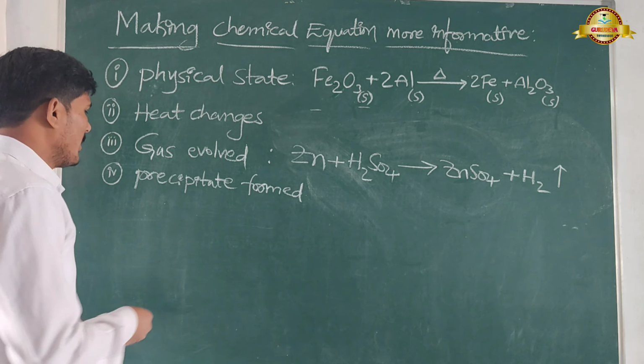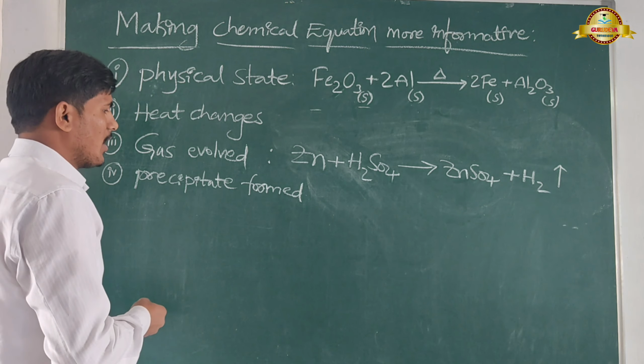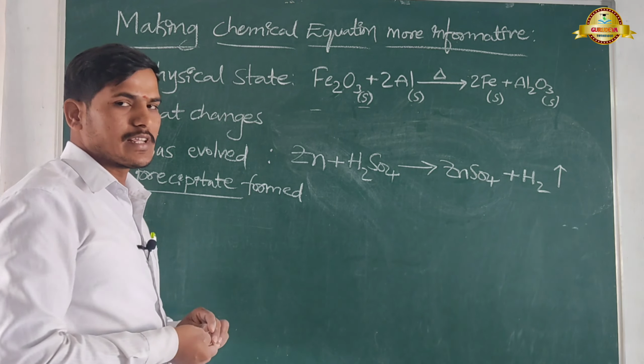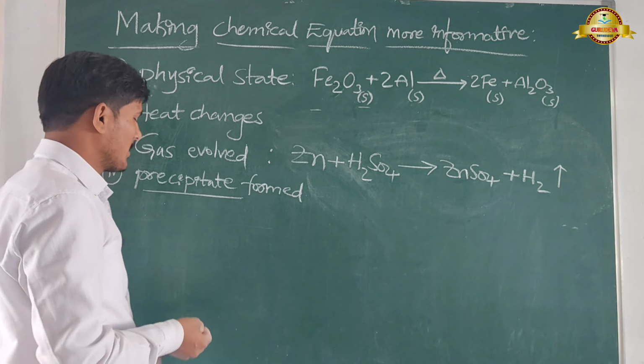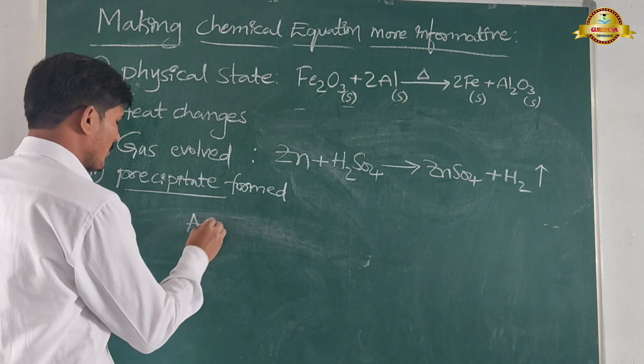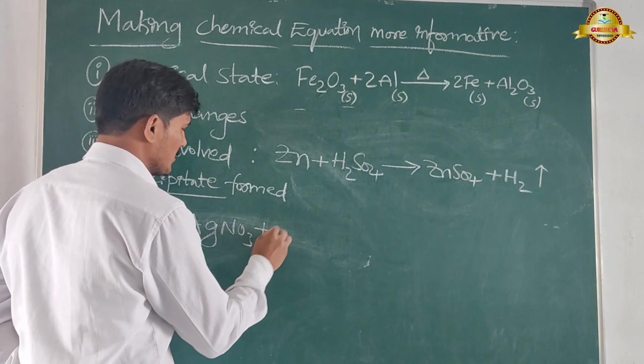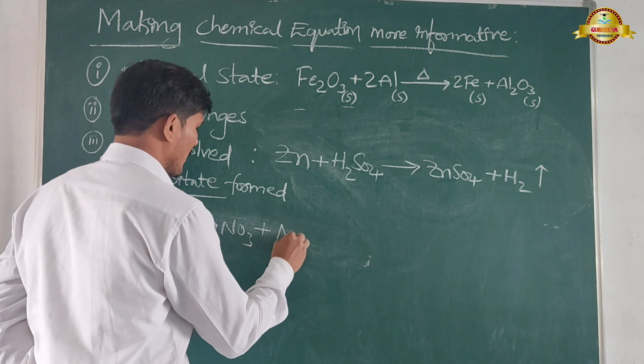In a chemical reaction when gases are evolved, it is denoted with an upward arrow mark. Next one, precipitate formed. Precipitate means an insoluble substance. For example, AgNO3 means silver nitrate plus NaCl.